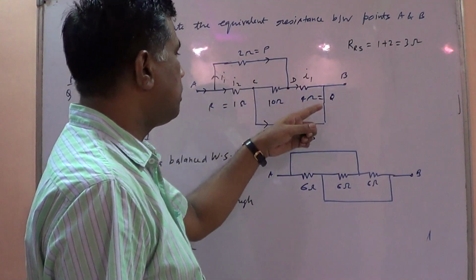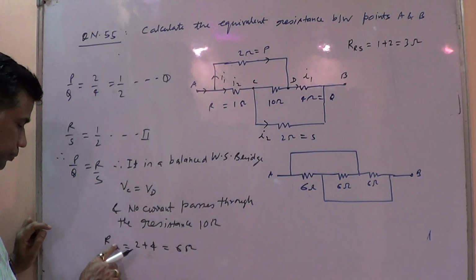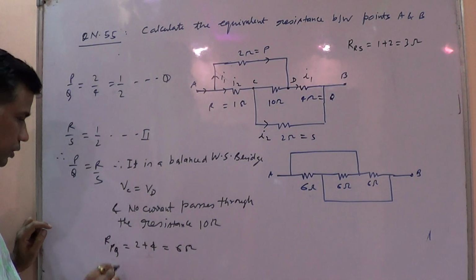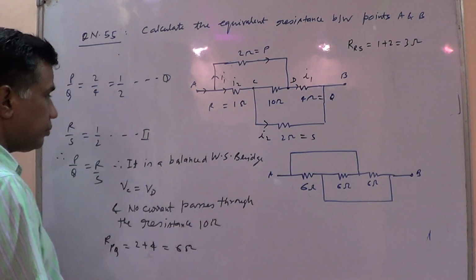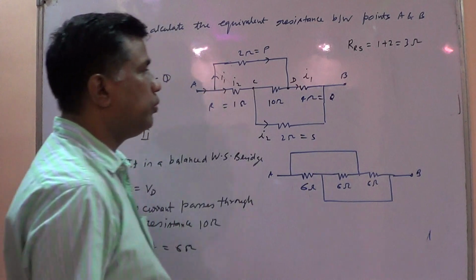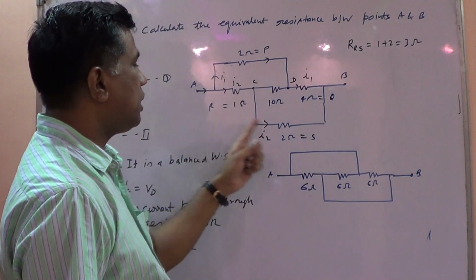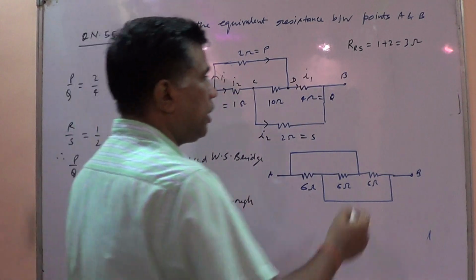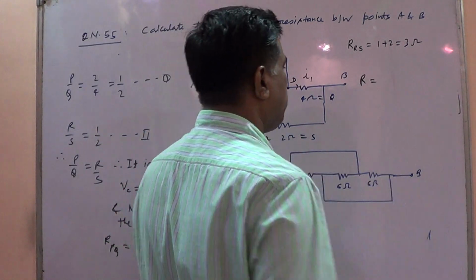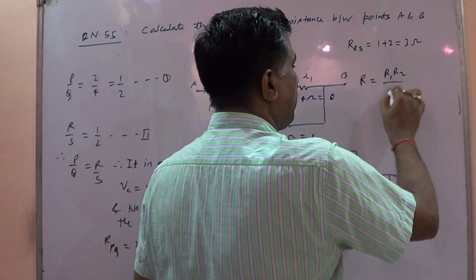Now student, this value Rpq and Rs, which has been calculated as 3 ohm. So these two resistances are now in parallel. So their equivalent resistance can be calculated by this formula, R equal to R1 into R2 by R1 plus R2.